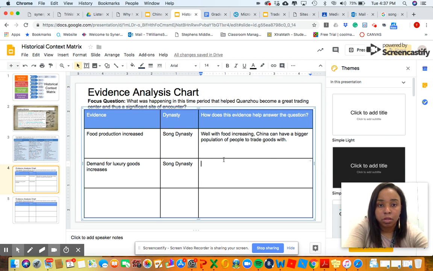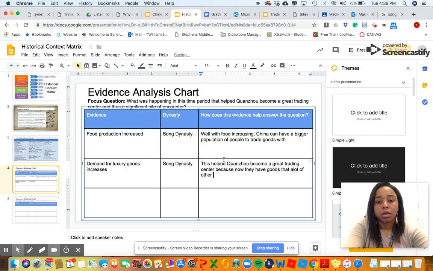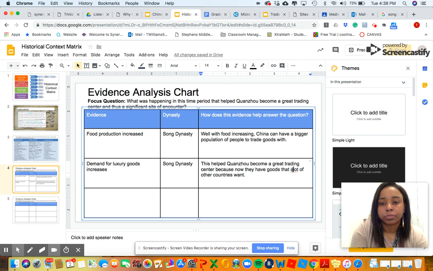So this helped Quanzu become a great trading center because now they have goods that a lot of other countries want. Right? Boom. And that's just basically how you do it.